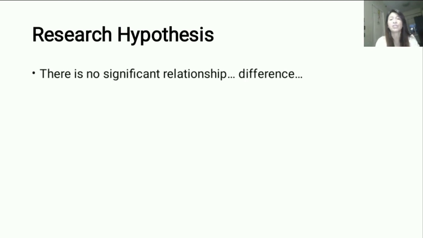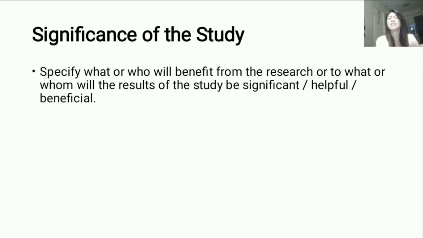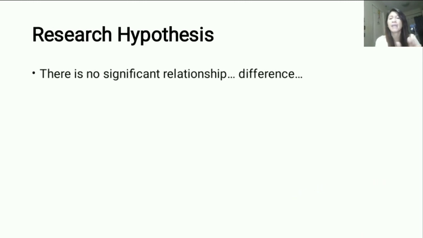A research hypothesis usually goes, there is no significant relationship or there is no significant difference between. So you are hypothesizing that there is no significant relationship between the two or more variables involved in the study. So again, the hypothesis statement usually goes like, there is no significant relationship between, this is normally the null hypothesis when you are doing the hypothesis testing.